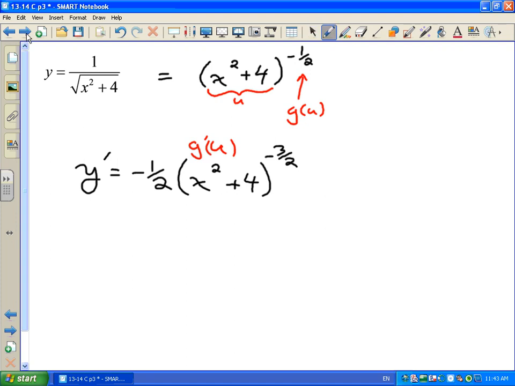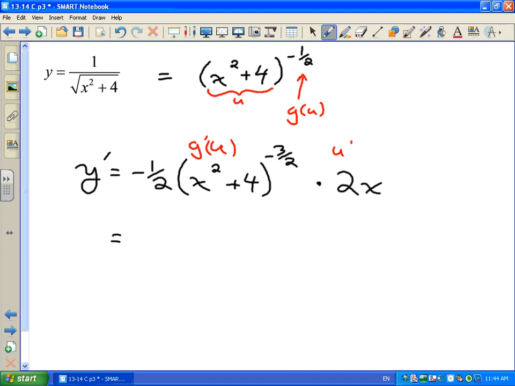And then I need to multiply this by u primed, which is the derivative of what is inside those brackets there. So inside the brackets, I've got x squared plus 4. Derivative is just going to be 2x. Okay. And there's my derivative. And then, of course, it's just a matter of cleaning it up.